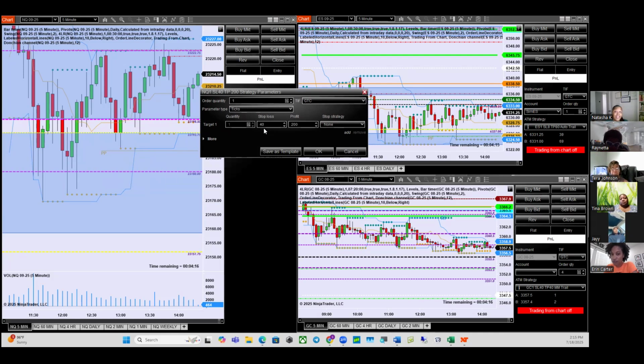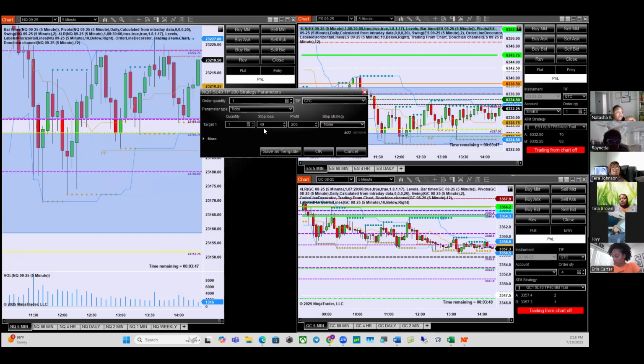So what you're taking is your trade risk. If we're saying $200, whatever you want to risk per trade, divided by whatever that instrument pays per tick. So if we're on ES, you would be doing $200 divided by 5. That gives you 40 ticks. And that's also contingent on per contract.